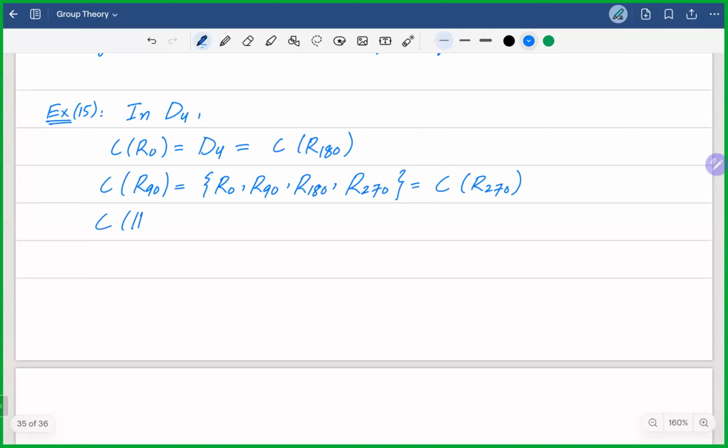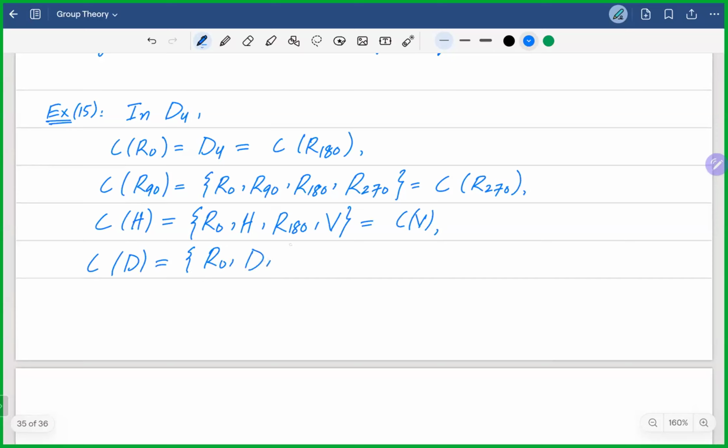Similarly, the centralizer of H is going to be R0, H, R180, and V. And this is also equal to the centralizer of V. And the centralizer of D is the set which has R0, D, R180, and D prime.